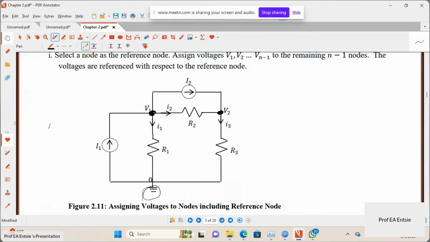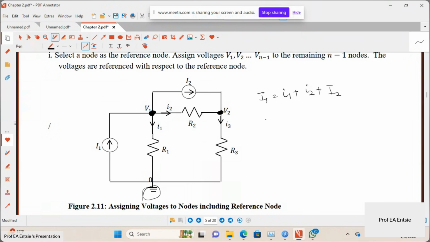For the first node, I1 is entering this node, and small I1 is leaving, and capital I2 is leaving. So I1 will be equal to small I1 plus small I2 plus capital I2. This is from KCL, Kirchhoff's current law: the current entering the node should be equal to the current leaving the node.